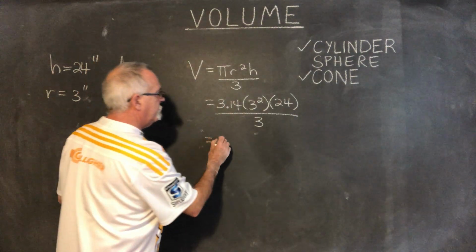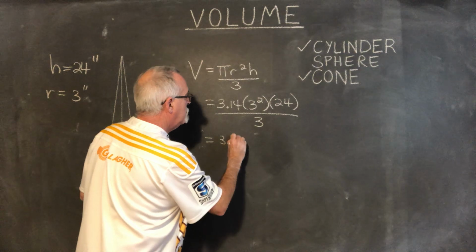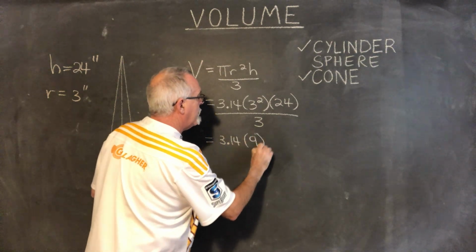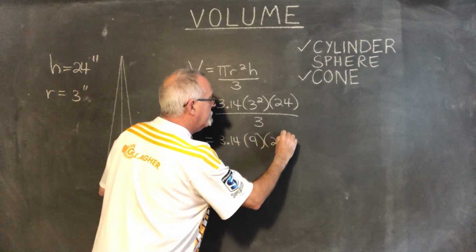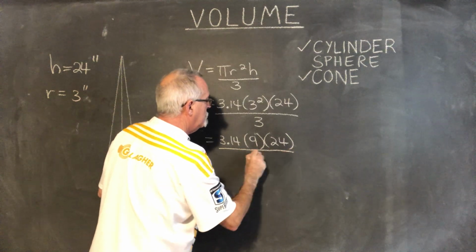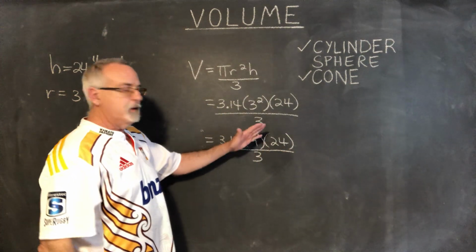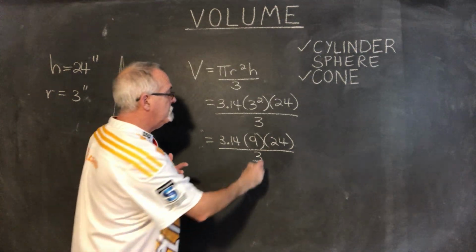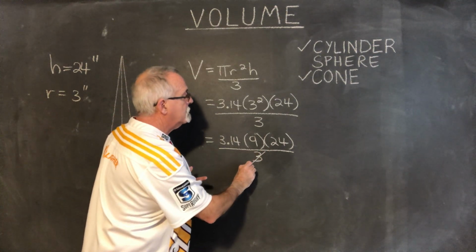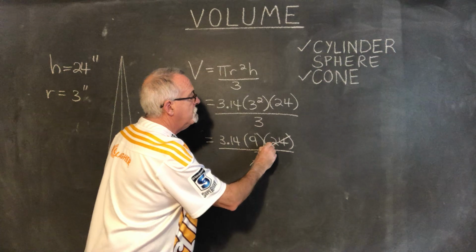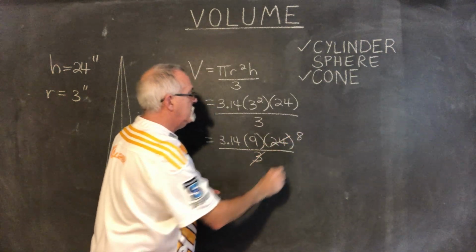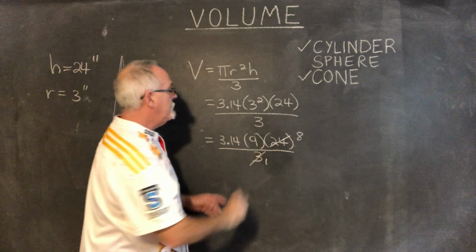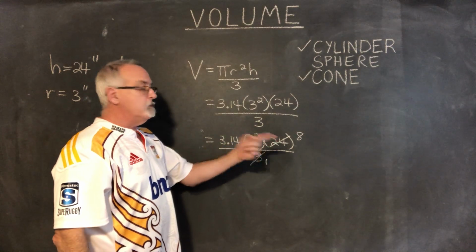So, first thing I want to do is turn 3 squared into a 9. And now, I have some flexibility in how I simplify this. And one of the ways that I can simplify it if I really want to is to cancel. If I cancel a 3 with the top and the bottom, that 24 turns into an 8, and the 3 cancels into a 1. So I just have to do 3.14 times 9 times 8.